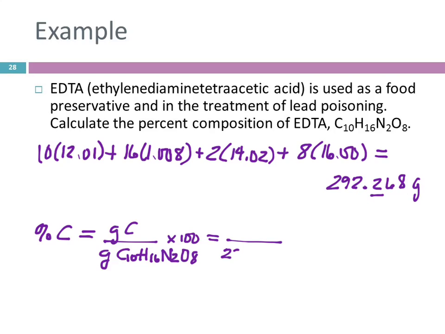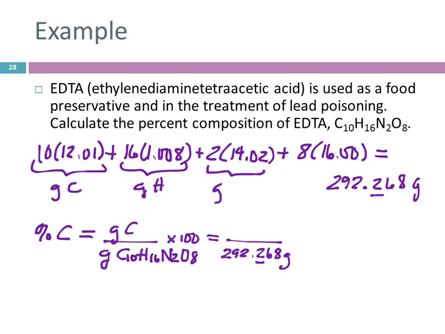So 292.268 grams down here. The mass of carbon is right here. So that's the grams of carbon. This is grams of hydrogen. This is grams of nitrogen. And there's the oxygen.